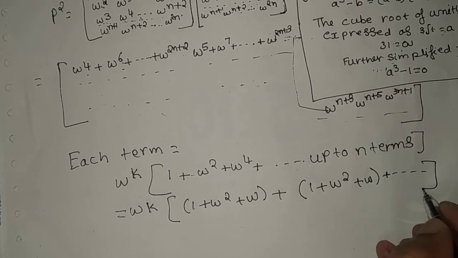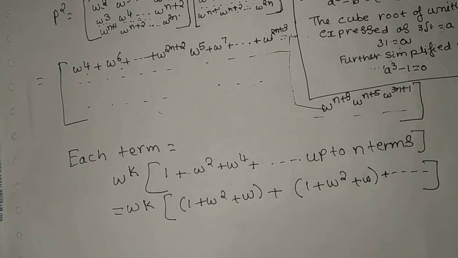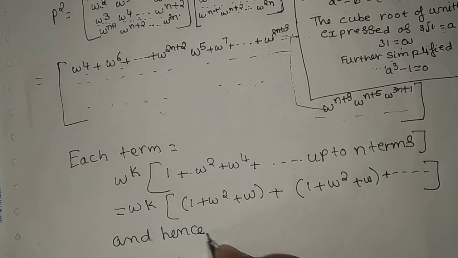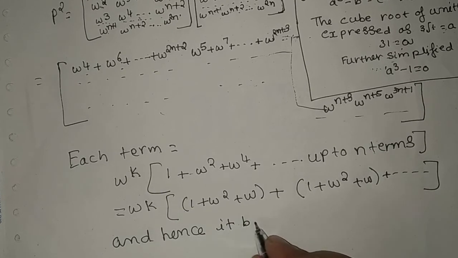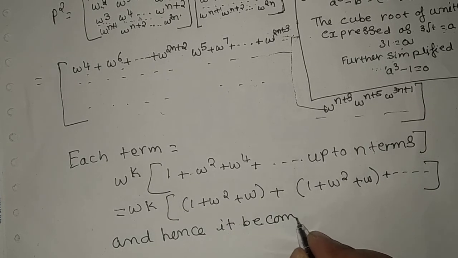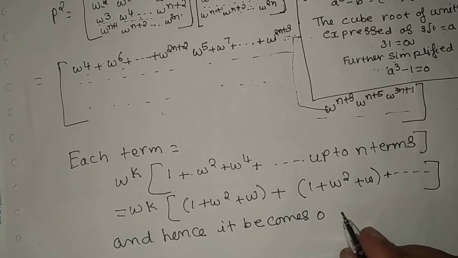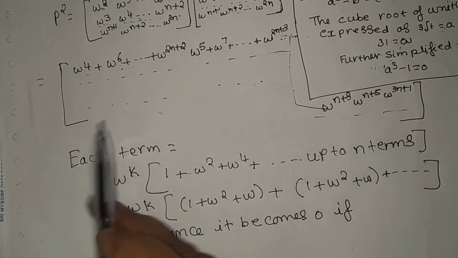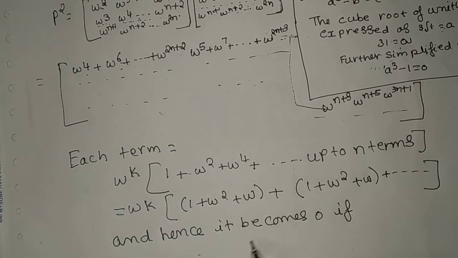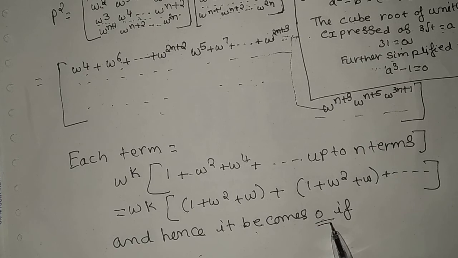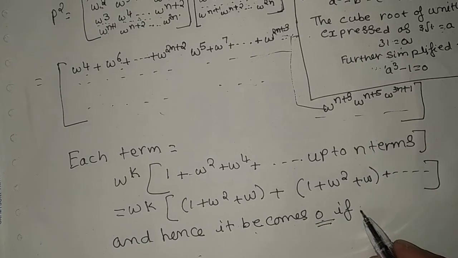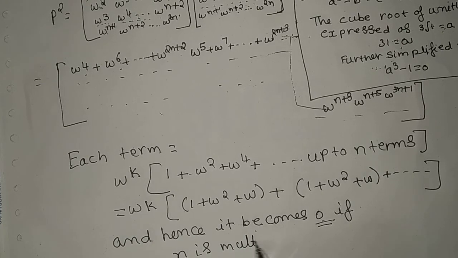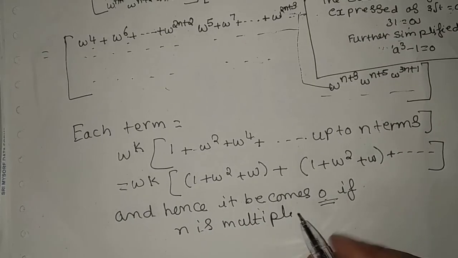So this continues, just close the bracket, and hence it becomes 0. You have to write becomes 0. They have asked in the question, if it becomes 0, they have asked here P2 is not equal to 0, but we are writing if it is 0 if n is a multiple of 3.